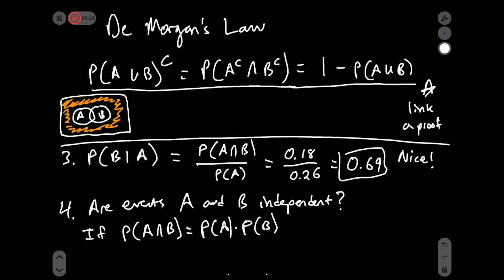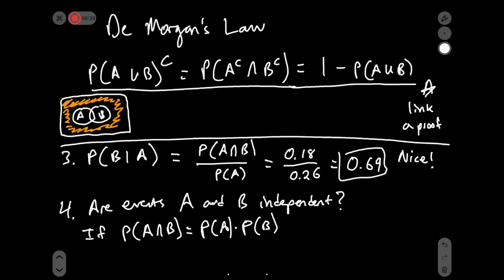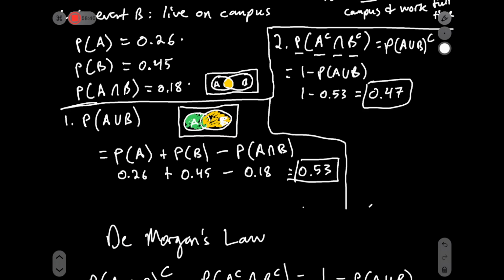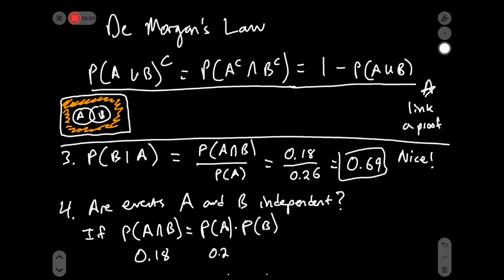Okay, so let's test this out. We'll finish out. What is the probability of A intersection B? That's 0.18. And is this equal to the probability of A times the probability of B? It's 0.26 times 0.45.